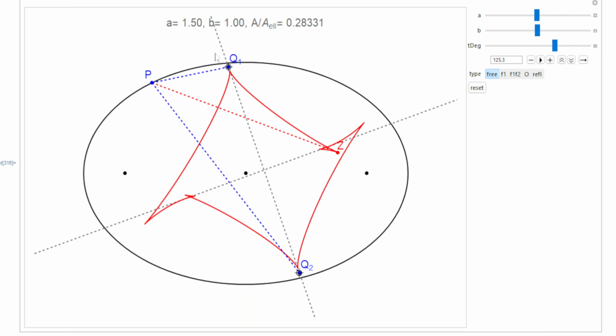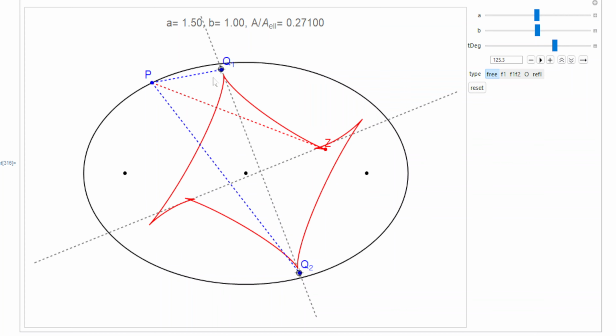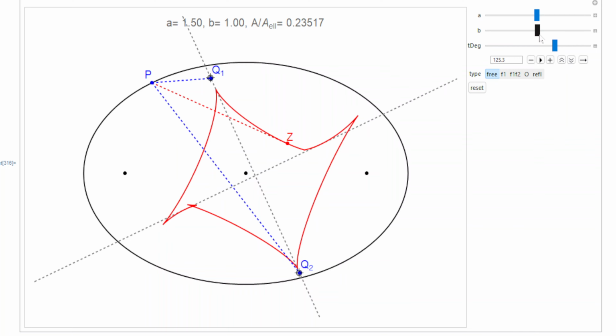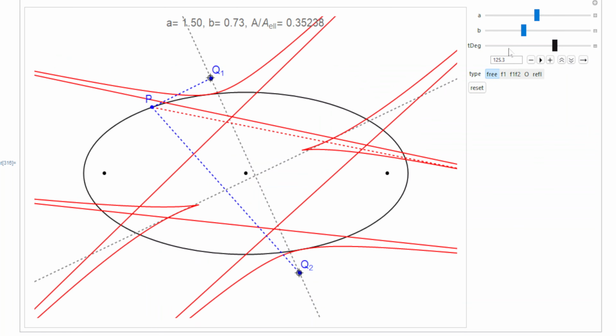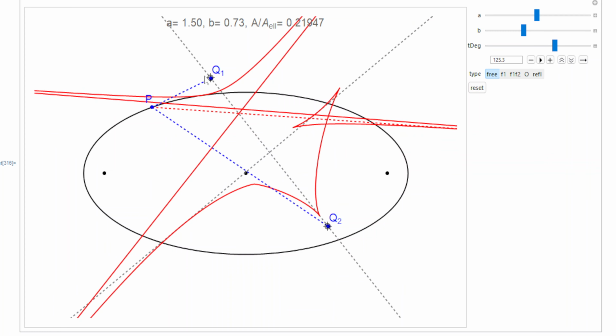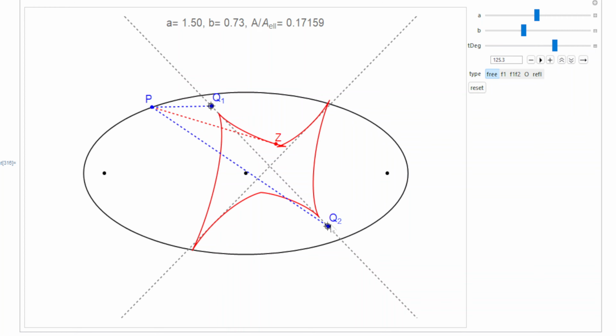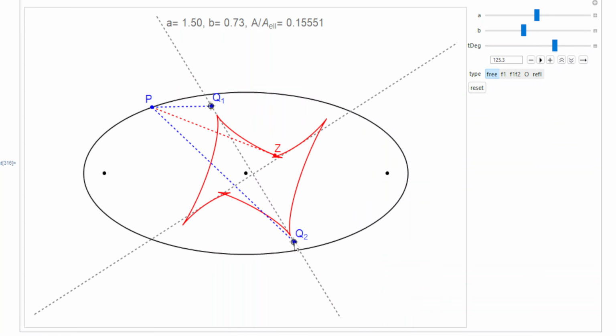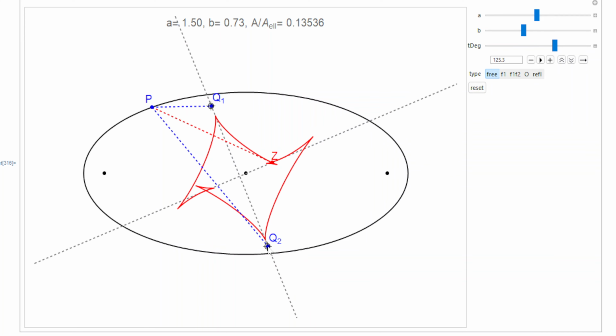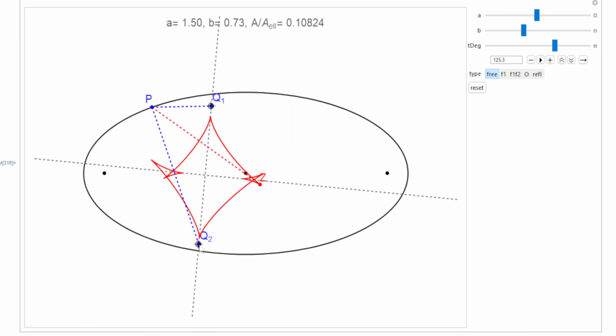Because when Q1 crosses over to the other side, you get these discontinuities. But in any case, I think one thing that we wanted to show here, yeah, so if I decrease, for example, the minor axis, you're going to get these additional phenomena here, as we saw in the beginning of the video, in a more pronounced way.